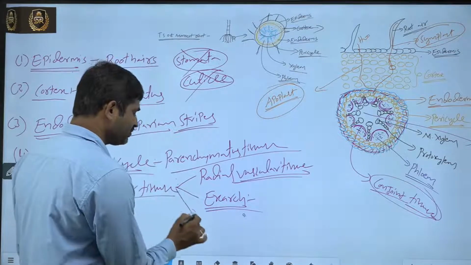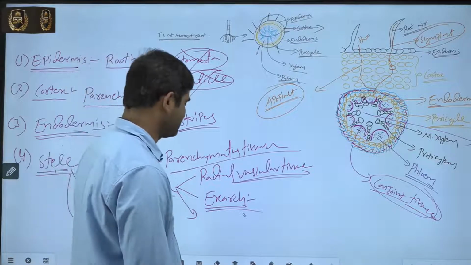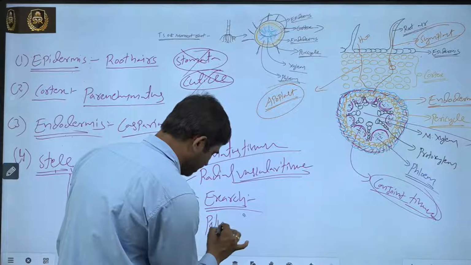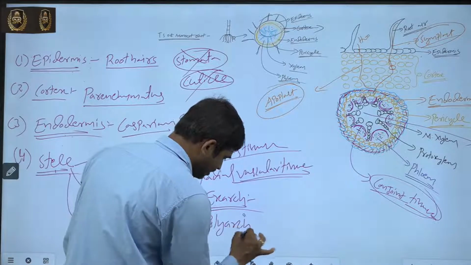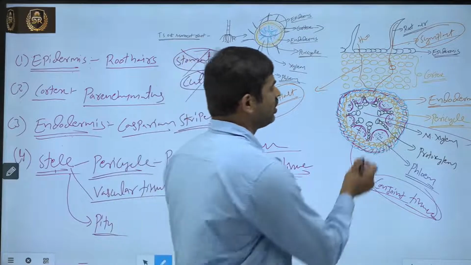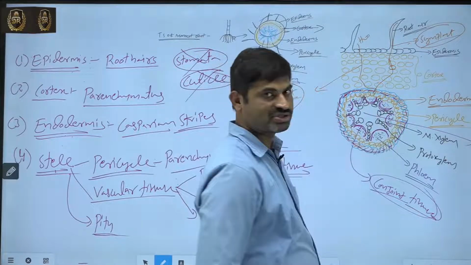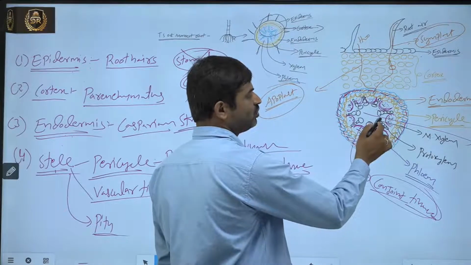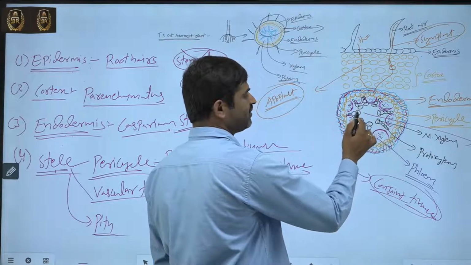Next one, polyarch condition. Polyarch condition means more xylem vessels are present: 1, 2, 3, 4, 5, 6, 7, 8, 9.